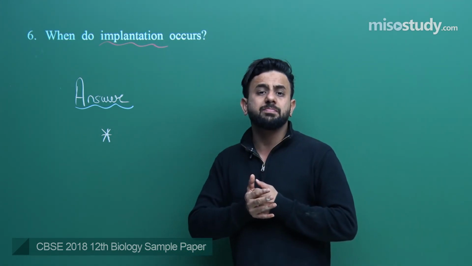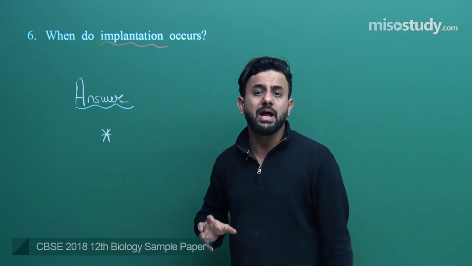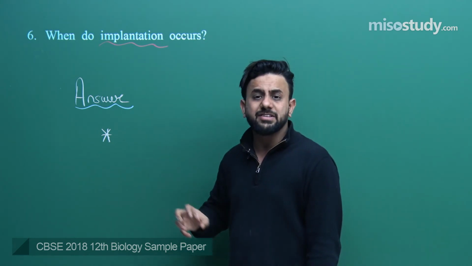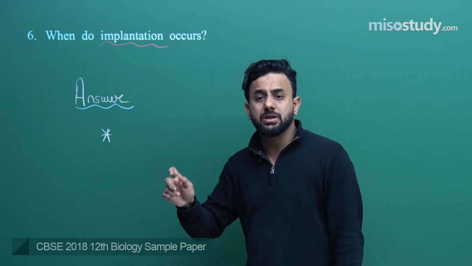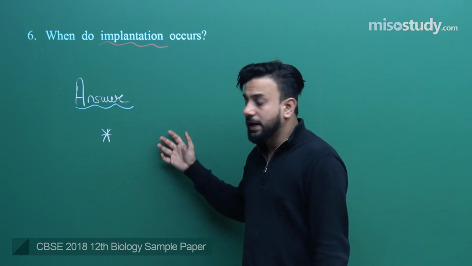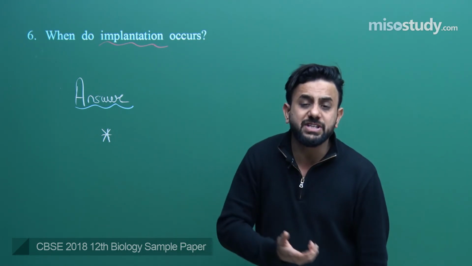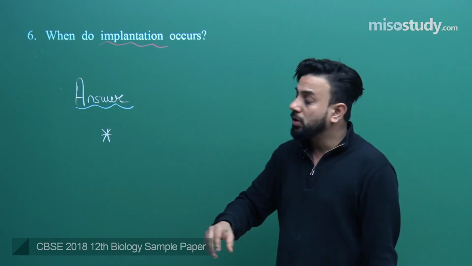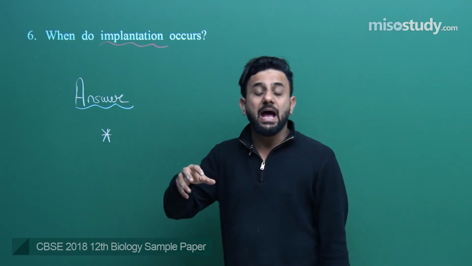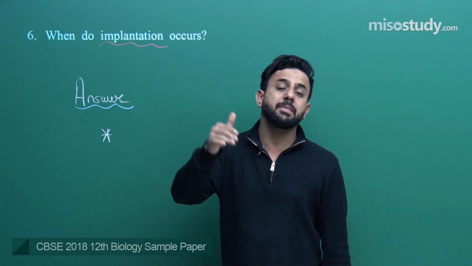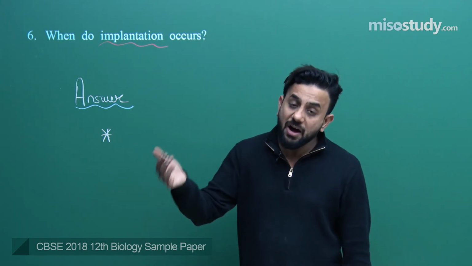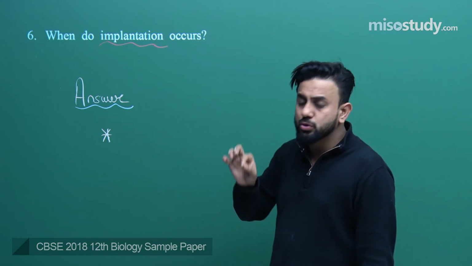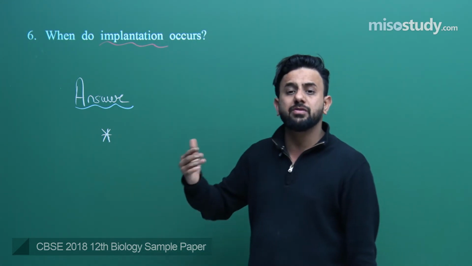This combination of male and female gamete is called fertilization, or fusion. It takes place in the fallopian tube. After the fusion has taken place, that fertilized egg has to get attached to the uterine wall.